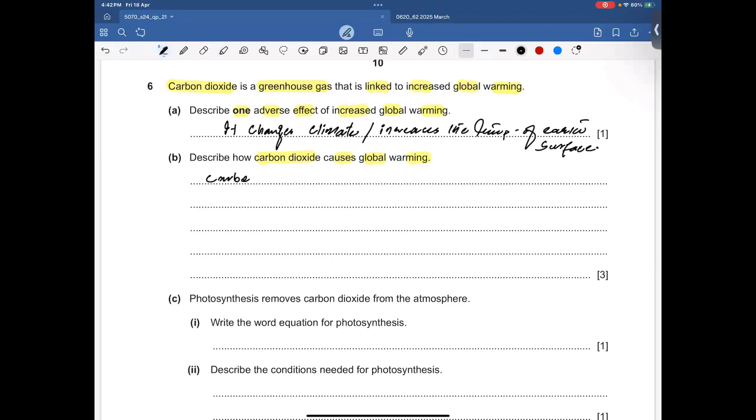Carbon dioxide absorbs infrared energy coming from sunlight.